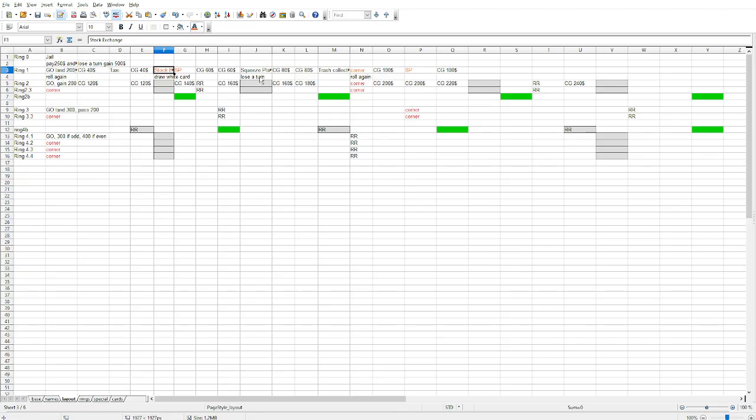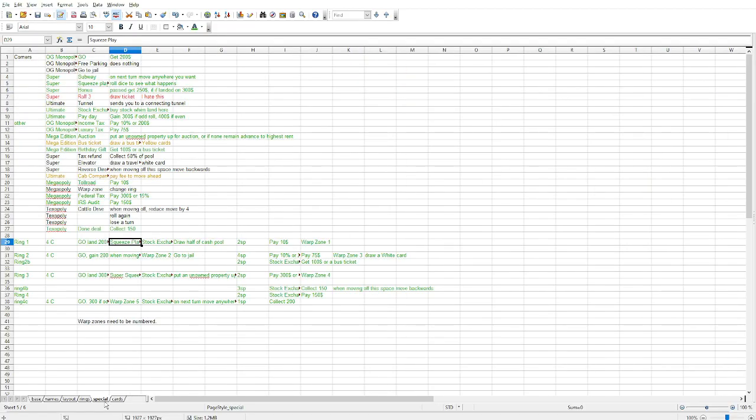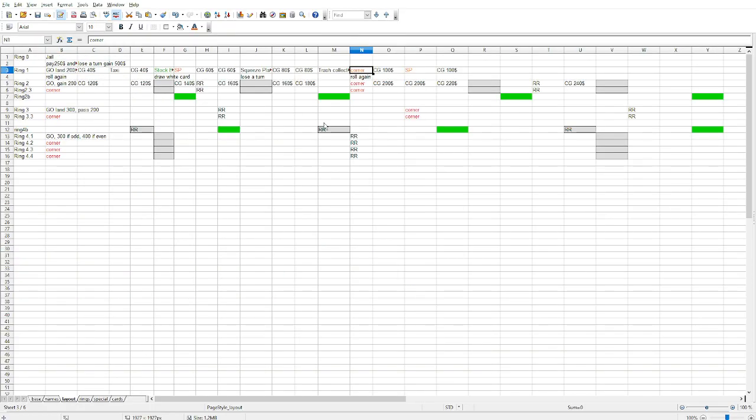Whatever. No big deal. Okay, so this one, the fourth one is draw half of cash pool. Okay, trash collection, that's a utility.